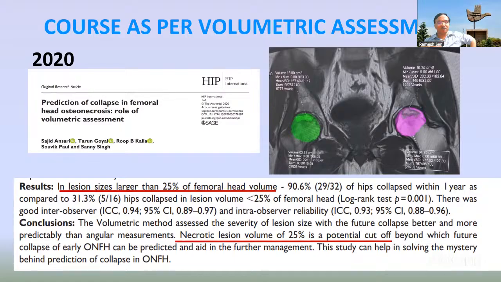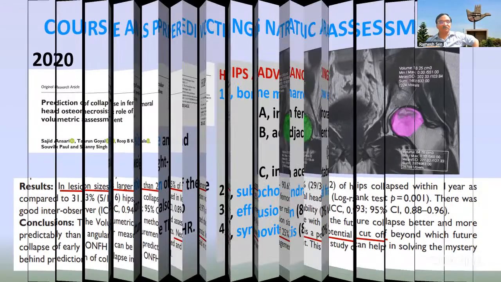They did not manage any case because patients refused, and what they observed was that if the volume is more than 25%, 90% of the hips will collapse within 1 year, as compared to hips with a lesion volume less than 25%. So a necrotic lesion volume of more than 25% is a very good cutoff as they described it. This is a very important observation we have to ask for.